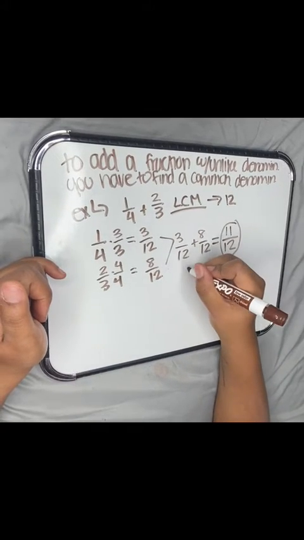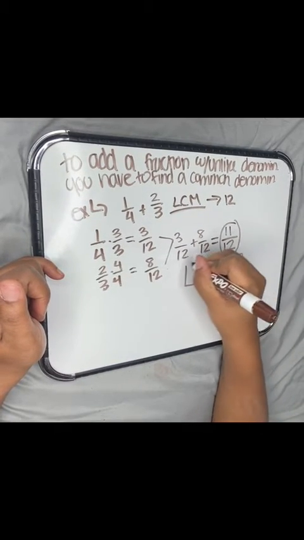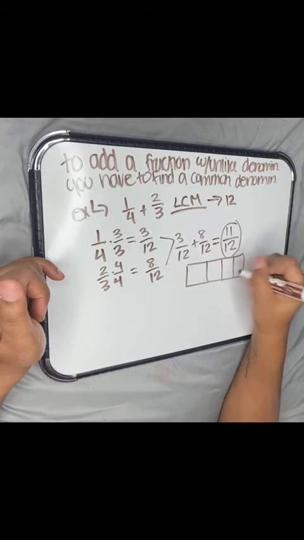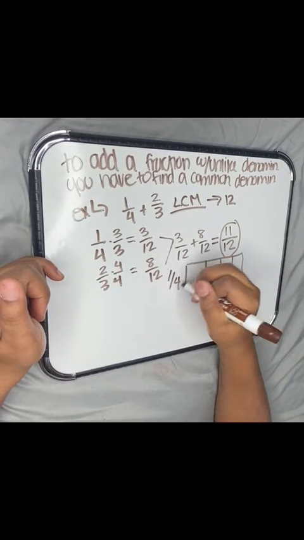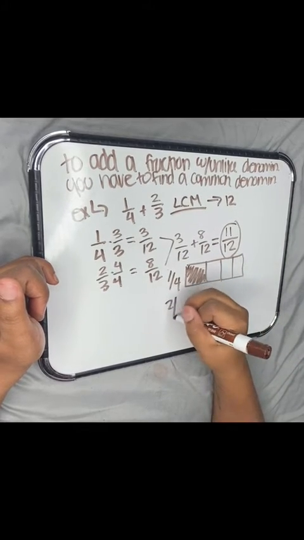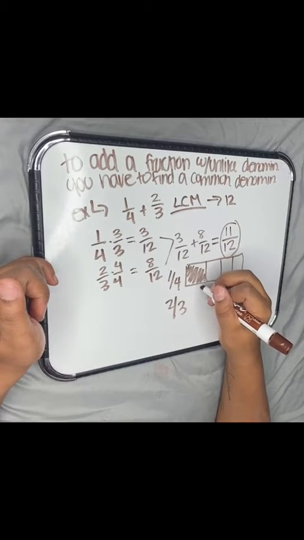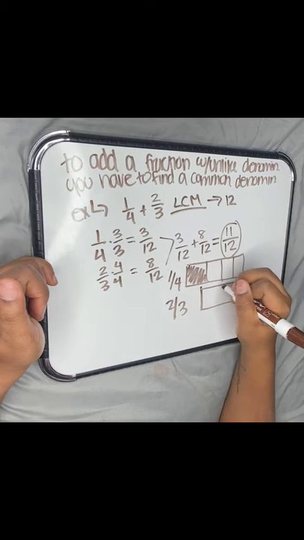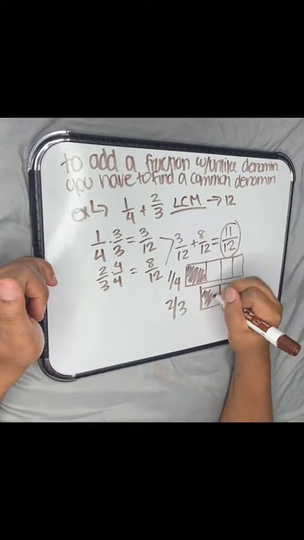To show that, we can have 1/4 shaded in. And then we will have 2/3. And we would need to be adding this together.